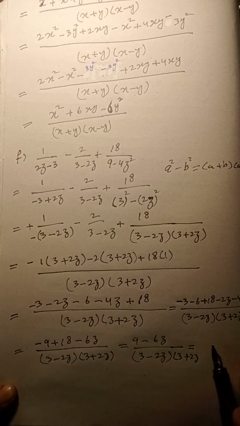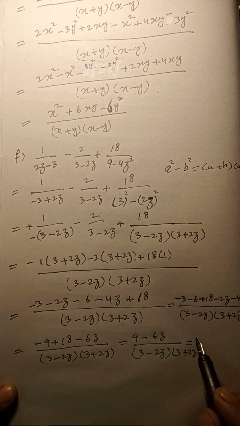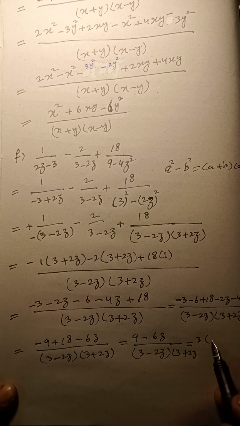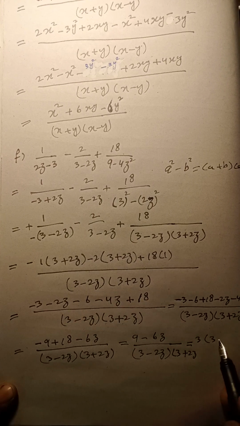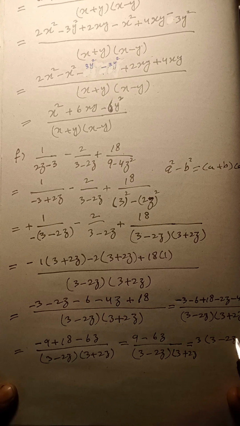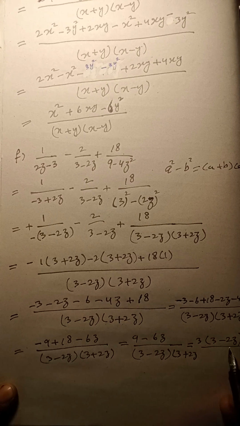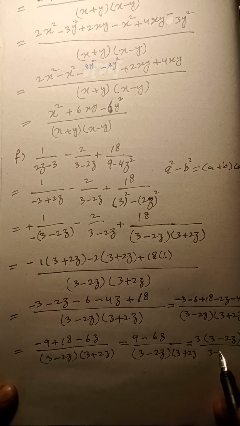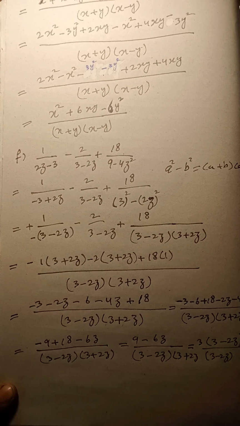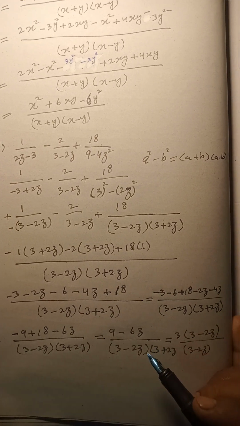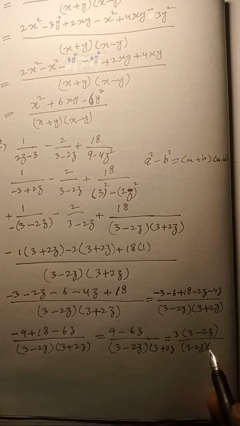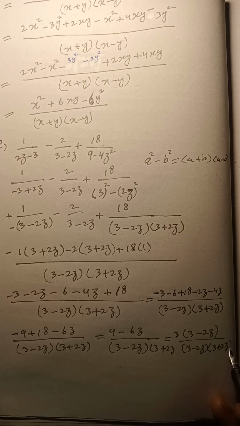Now here you can take 3 common, so 3 3s are 9, 3 here, and 3 2s are 6, 2z here, and in the denominator 3 minus 2z into 3 plus 2z.